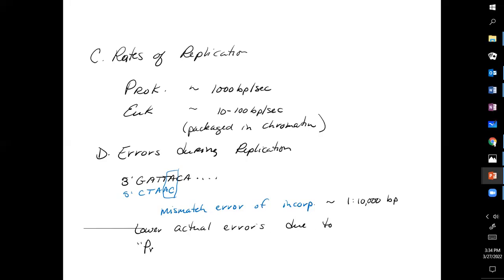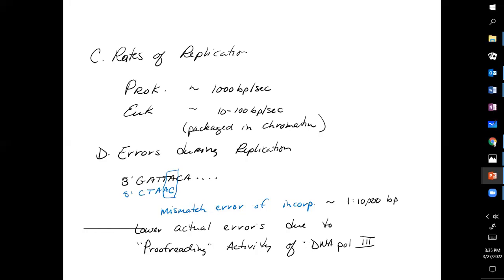And we call it the proofreading function, an activity of DNA polymerase 3. DNA polymerase 1 also has this function, but DNA polymerase 1 really doesn't synthesize that much DNA. So the bulk of proofreading that occurs is by DNA polymerase 3.